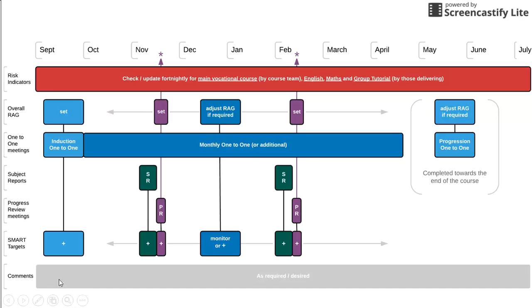And then eventually we've got comments, and comments are an interesting feature in ProMonitor. Anyone can make a comment about a student, and you can make it for the attention of someone else. So if you make a comment for a student and you want to flag something, then you know that a member of their course team will see that comment on their ProMonitor dashboard.